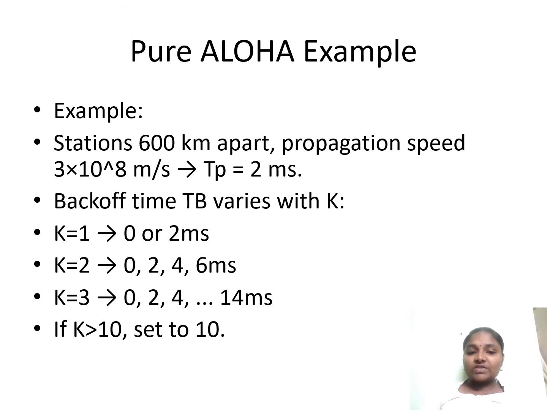When the K value is 2, the TB value may be 0, 2, 4, 6 milliseconds. When K is 3, the TB value may be 0, 2, 4, up to 14 milliseconds. If K is greater than 10, it is set to 10.